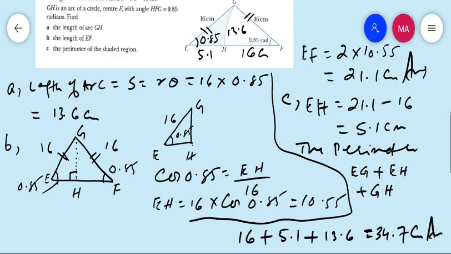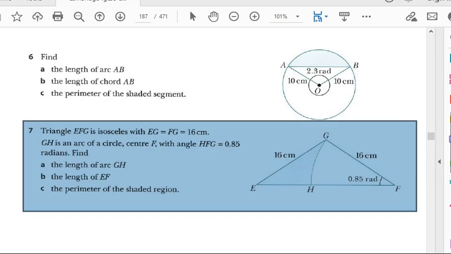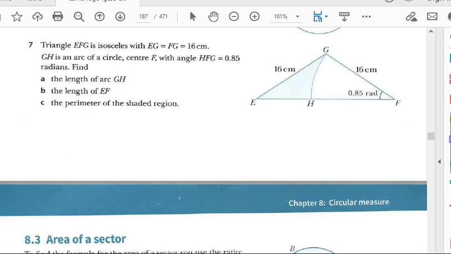What is next? What is left in this exercise? 8.2. Let's see. Nothing is left. So we have finished successfully the whole exercise 8.2 today.